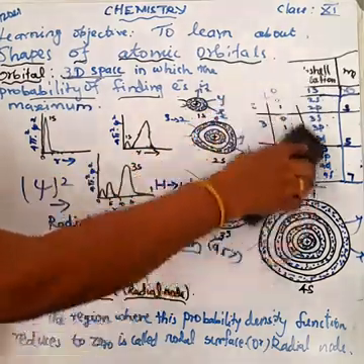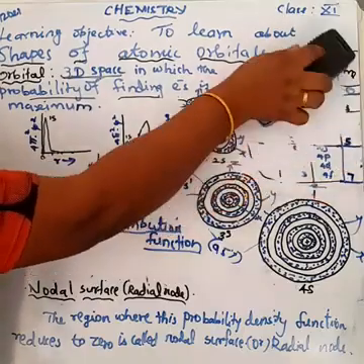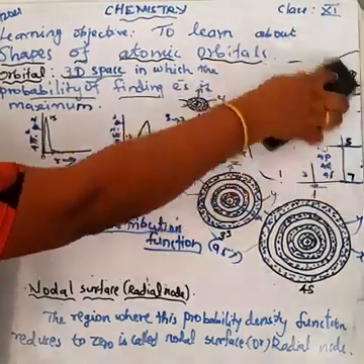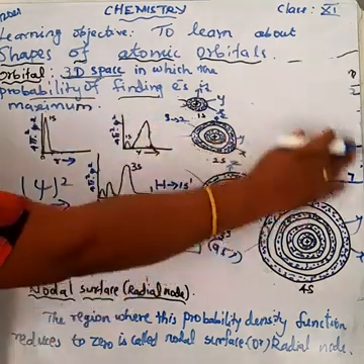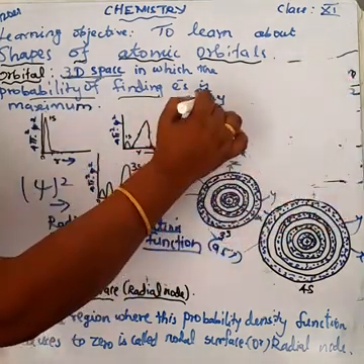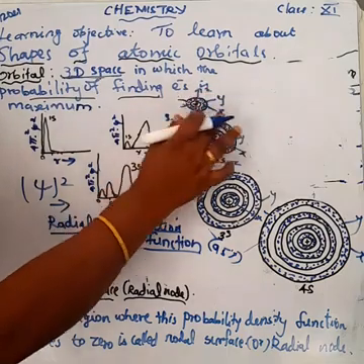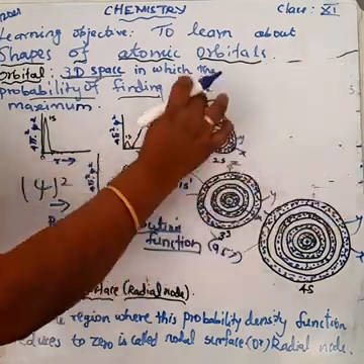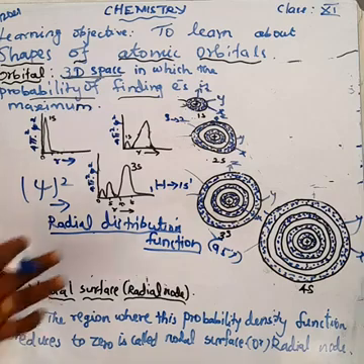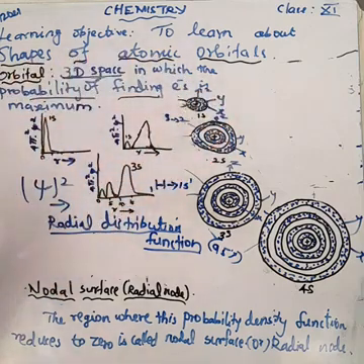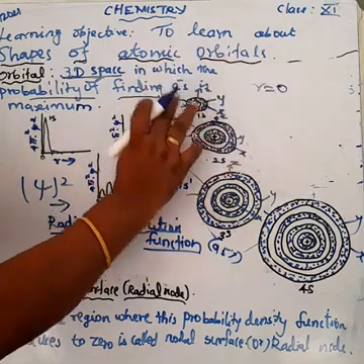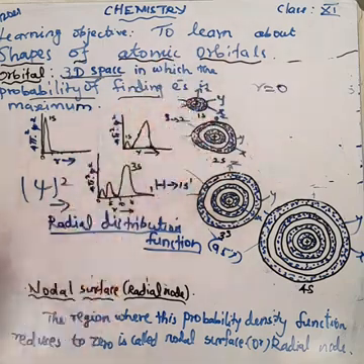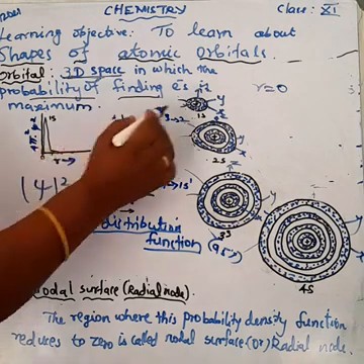Here R is equal to 0, which means very close. Within the nucleus no electrons are there, but around the nucleus the electron cloud is maximum. So when R is equal to 0, the probability of finding the electron in a given spherical shell is maximum. Here, more and more dots are there.